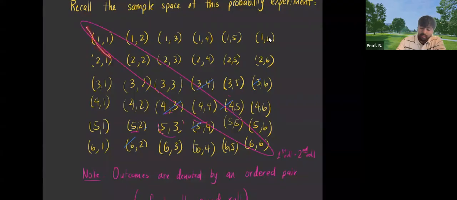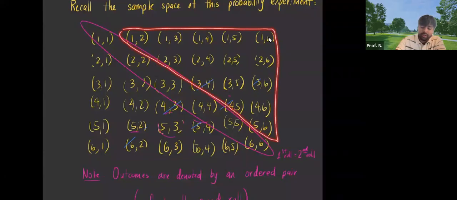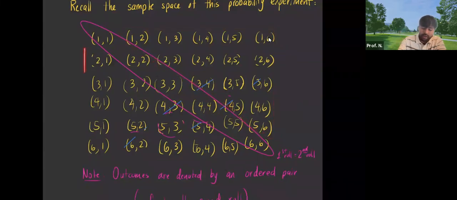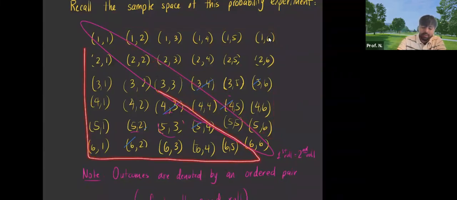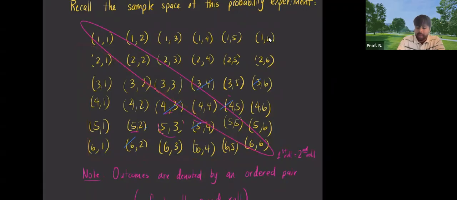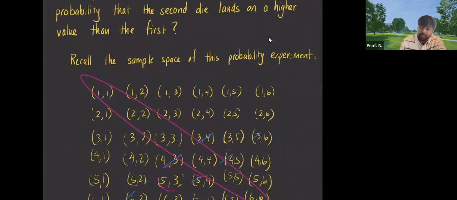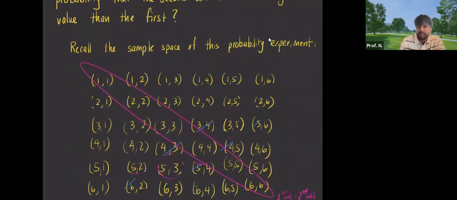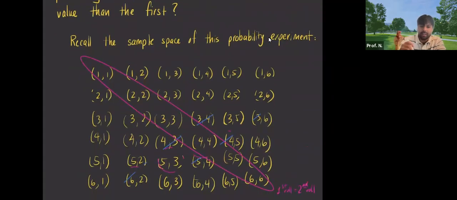In one of them, the rows are equal, the first and second. If you look above and below, there's a little triangular region of outcomes here, and another triangular region of outcomes there. Now, we care about the second row being higher than the first, which means the second number must be higher than the first.